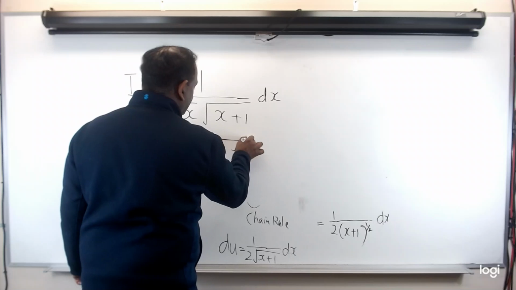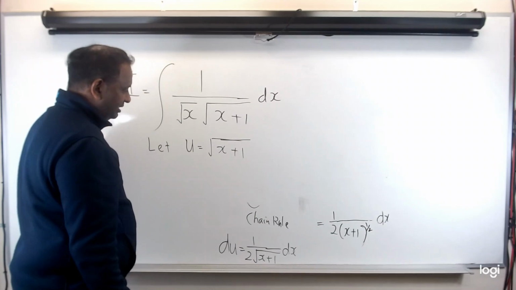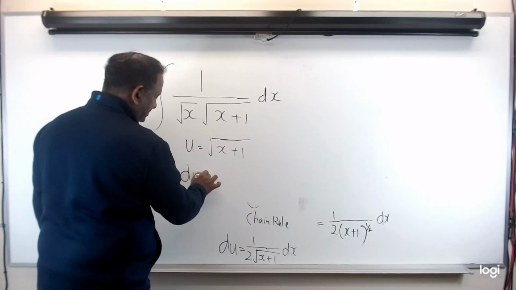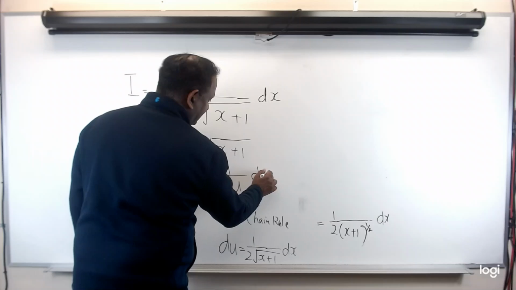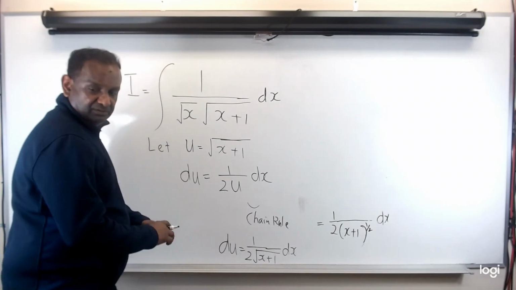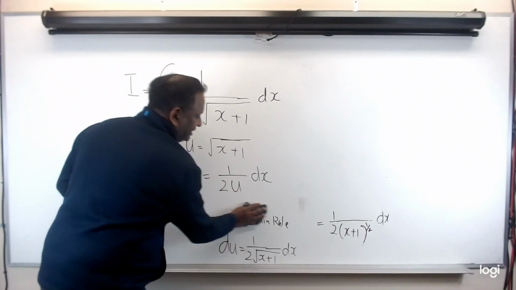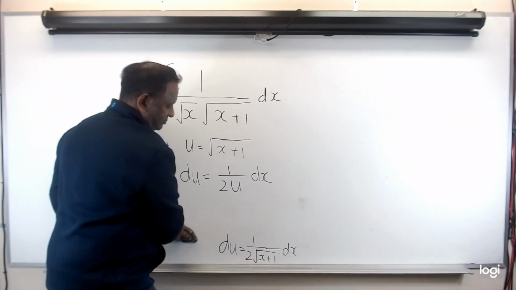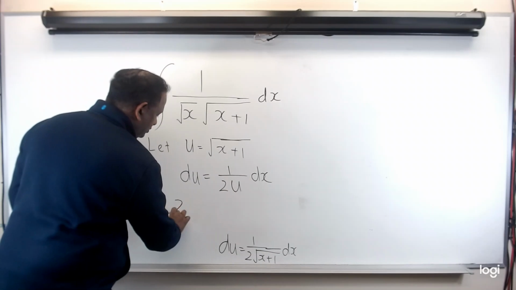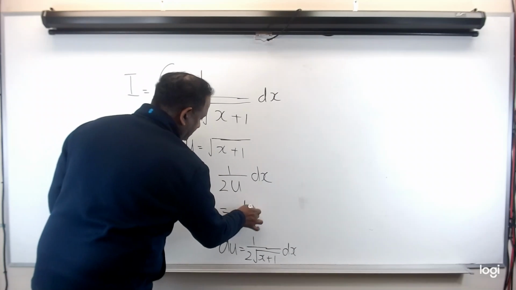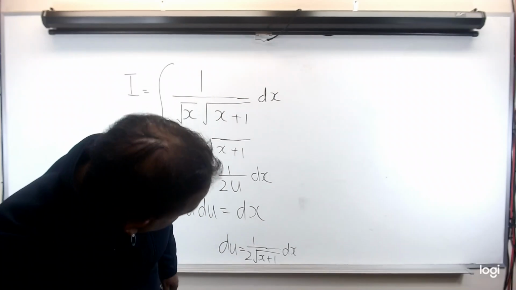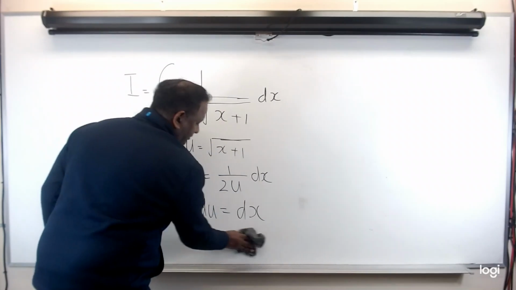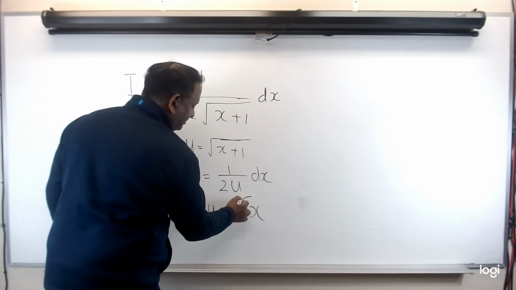You can remember that. Therefore, du is nothing but 1 over 2, and this whole thing is u, dx. Then dx is nothing but 2u du. So we change the operator, which means this can be easily replaced by this guy.